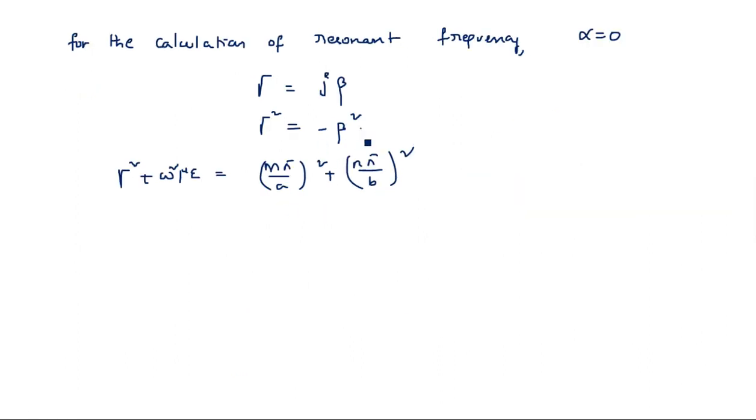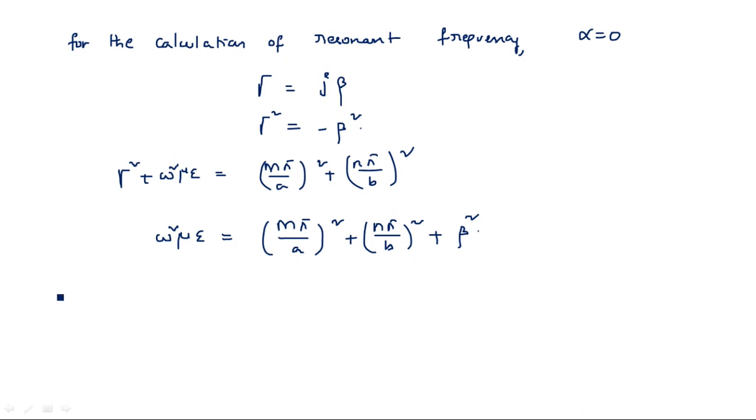So now what is gamma square? Gamma square is equal to minus beta square. So that implies omega square mu epsilon is equal to m pi by a whole square plus n pi by b whole square minus of minus, here it is plus beta square.